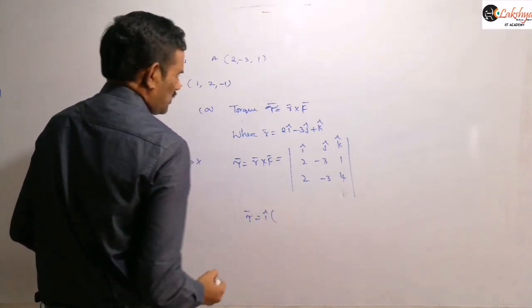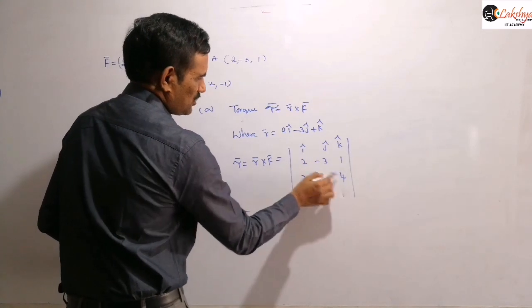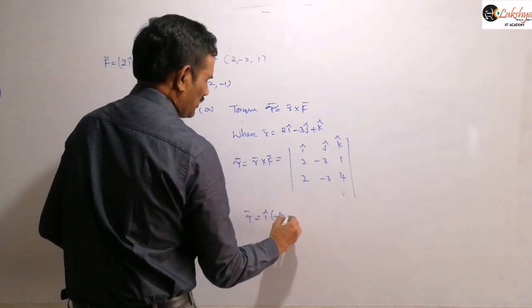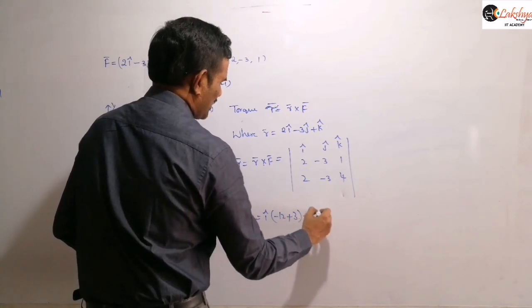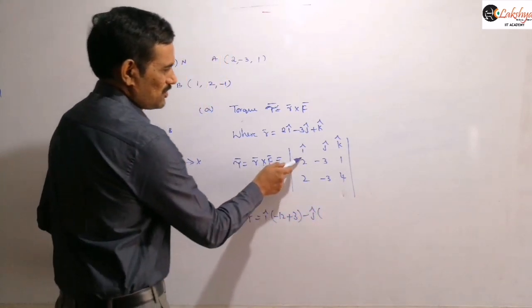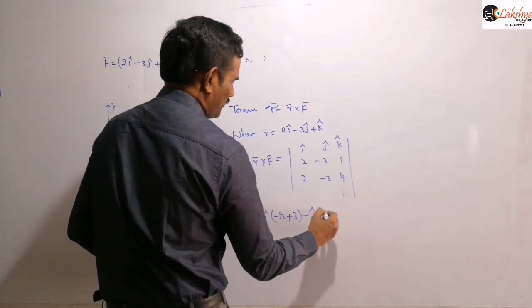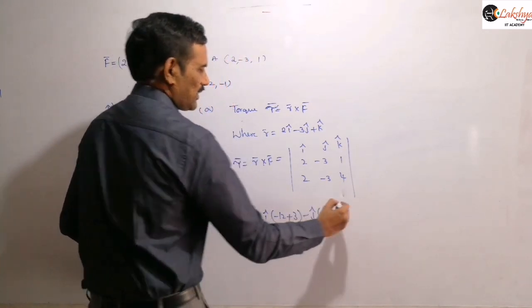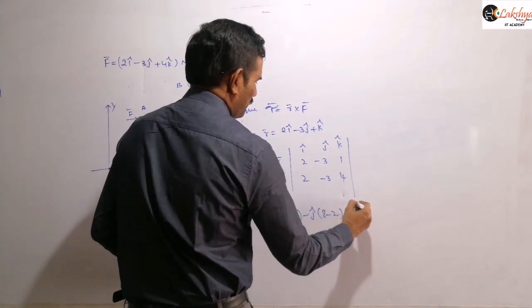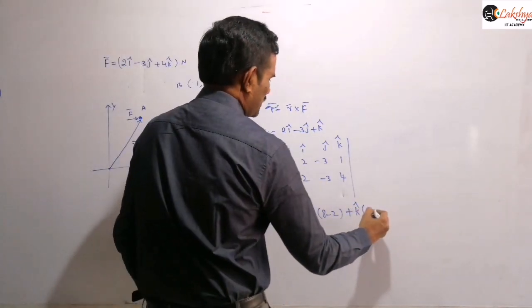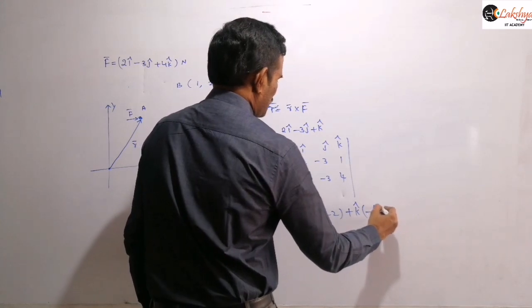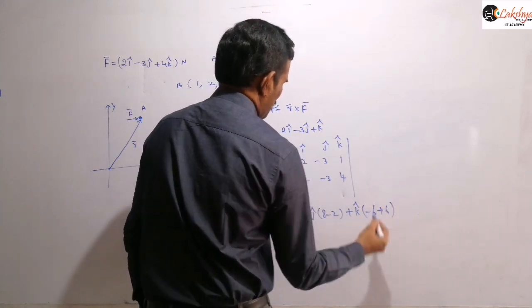For i cap we need to find these values: minus 12, minus of minus, plus you will get plus 3, minus j cap into, now we need to multiply these two first, 8 minus 2, and next plus k cap into, now we multiply these two, minus 6, and this is minus of minus, so plus 6 you will get.